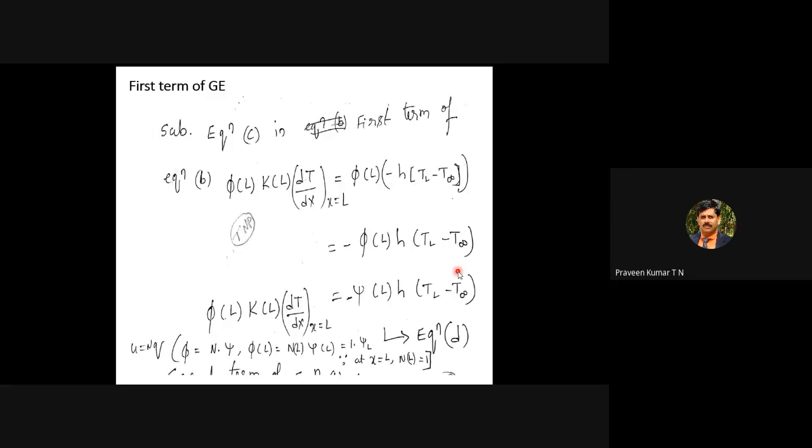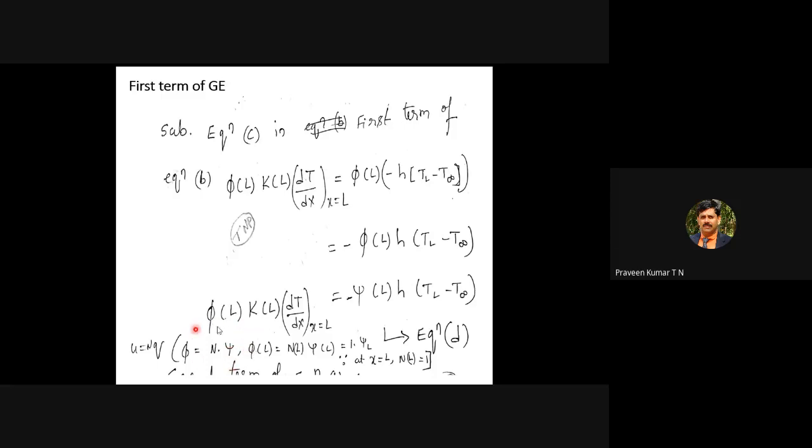Then you have to go for simplification, simplifying the terms further. But you have to remember, here you are using the function phi. Phi refers to the temperature function, or the temperature at any point within the element. Suppose the temperature at node 1 is xi1, and the temperature at node 2 is xi2.